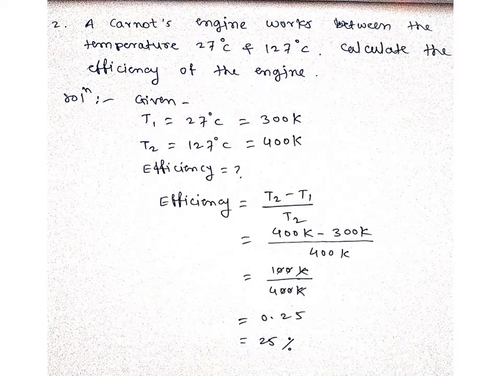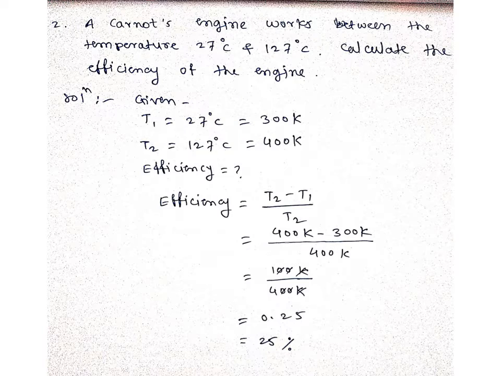Now example second, that is a Carnot's engine works between the temperature 27 degrees Celsius and 127 degrees Celsius. Calculate the efficiency of the engine. In this example, first one has to convert this 27 degrees Celsius into the Kelvin and this 127 degrees Celsius into the Kelvin.